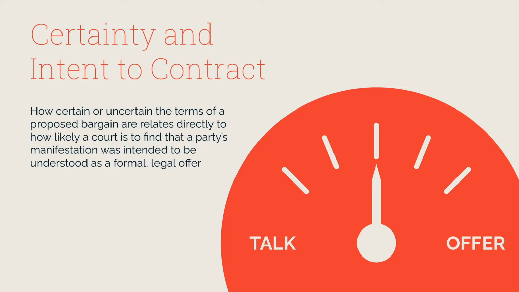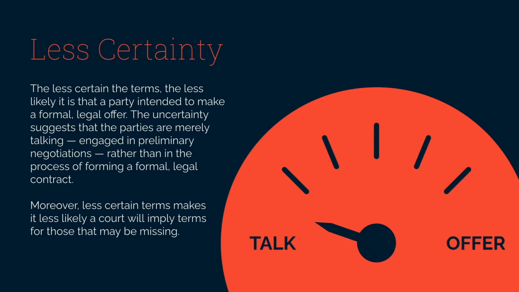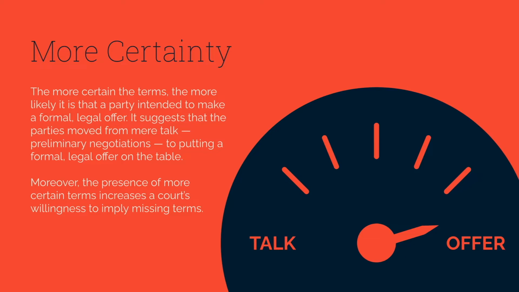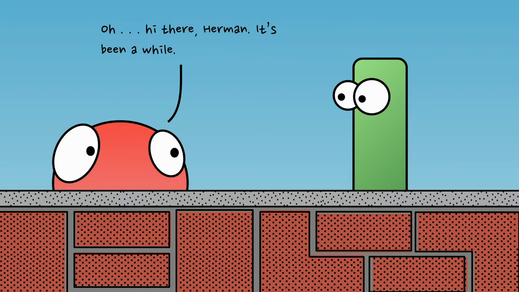The more uncertain, the more we would say they're just talking. It's just preliminary negotiations as opposed to an actual offer. So the less certain, which is just the inverse of what we said, then the more likely it is they're just in preliminary negotiations. The more certain, the more likely it is an offer, and vice versa. So that's how we look at these things.